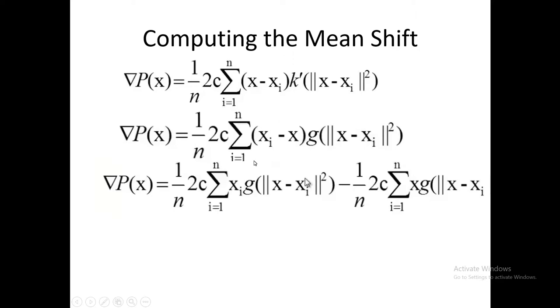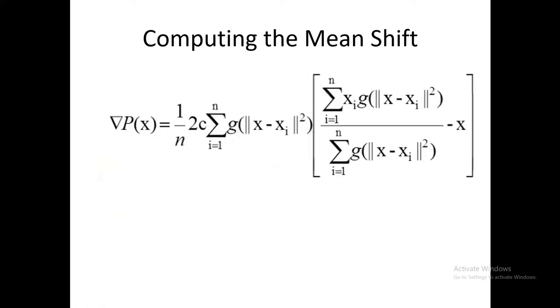If we just simplify this, we multiply g of x minus xi squared with xi and with x, and we get these two terms. If we simplify it more, we take this g of x minus xi squared outside, and we get this term.